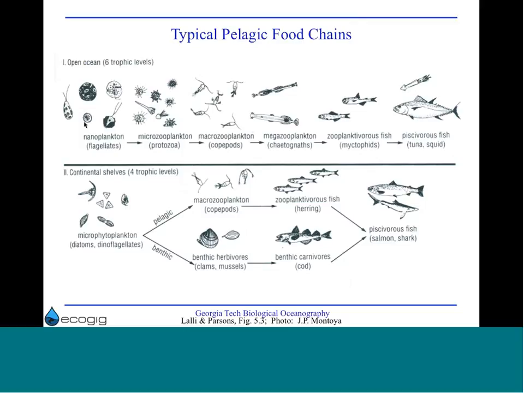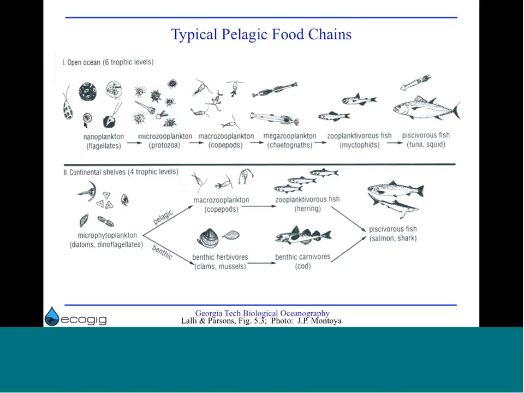We inevitably have to simplify those food webs. So here's a couple of traditional ways to look at pelagic, that is water column food webs. The upper part of this figure shows what we typically find in open ocean systems. On the left-hand side, we have primary producers.